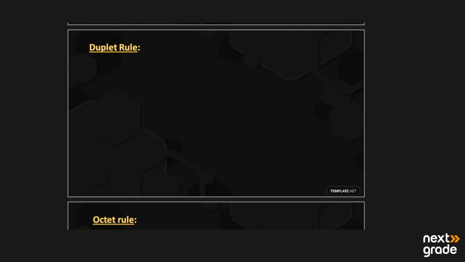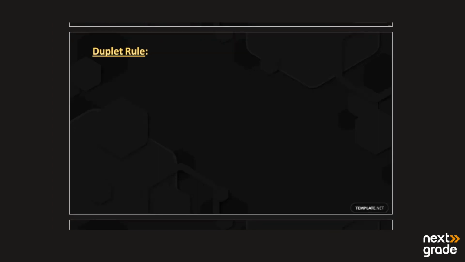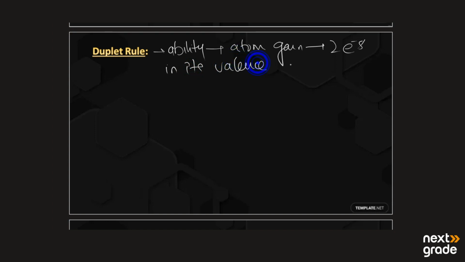By definition, the duplet rule is the ability of an atom to gain two electrons in its valence shell. This is known as the duplet rule.